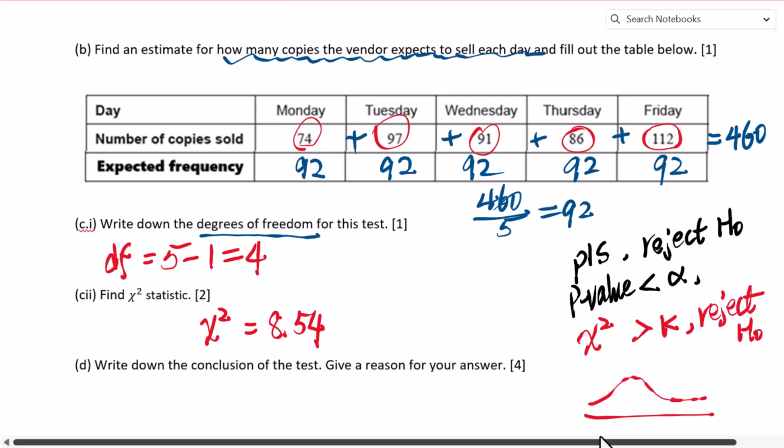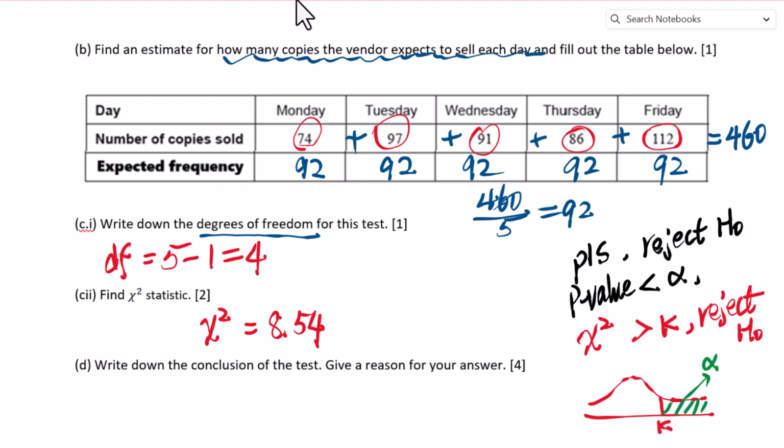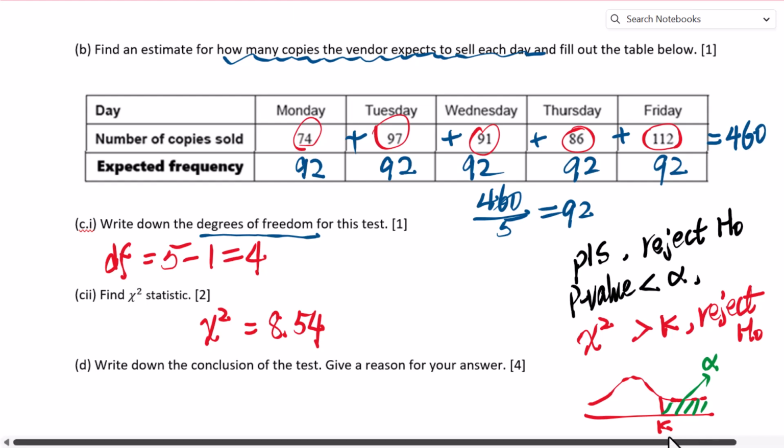You can draw this diagram to remember. This is K. This area is significance level alpha. When chi-squared is greater than K, it goes to this rejection region. Therefore, when chi-squared is greater than the critical value K, reject H0.